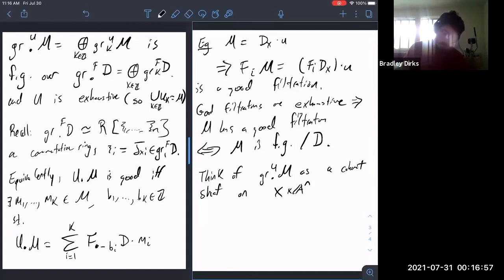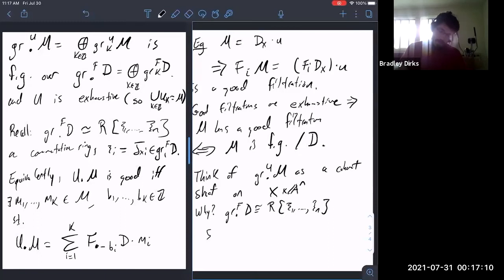Because of the fact that gr F bullet D is isomorphic to R adjoin some polynomial variables, then Spec of gr F bullet D is isomorphic to this X cross A^n. And so we just explained that a good filtration gives you a module which is finitely generated over this ring gr bullet F D.